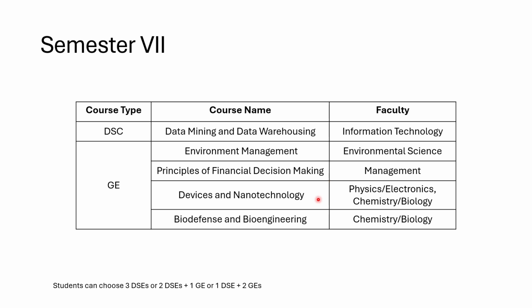Now, devices and nanotechnology. This falls under both electronics and chemistry. So this can be offered by either, but I'm not exactly aware who will offer it eventually. And biodefense and bioengineering you have from the chemistry biology faculty. Who teaches this? Dr. Jogeshwar Purohit. Yeah.